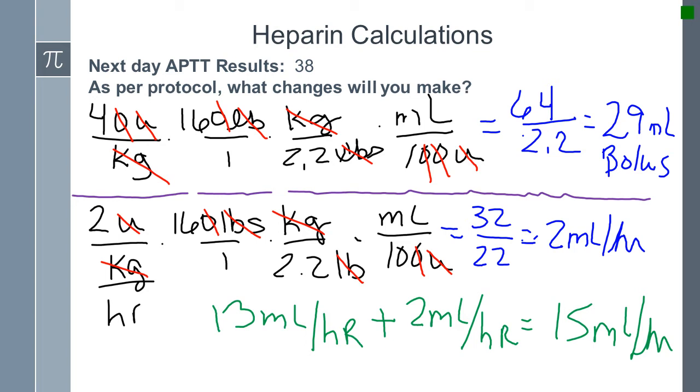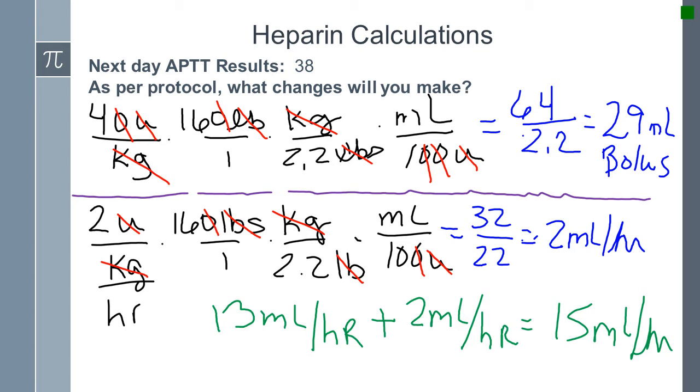When I cancel my units, my pounds, and my kilograms, then I end up with my milliliters. So this tells me that for my bolus, this is how many milliliters I need to give according to my results. So I'm going to go ahead and take out some zeros, one on the top, one on the bottom, one on the top, one on the bottom. And so then I'm going to do my math.